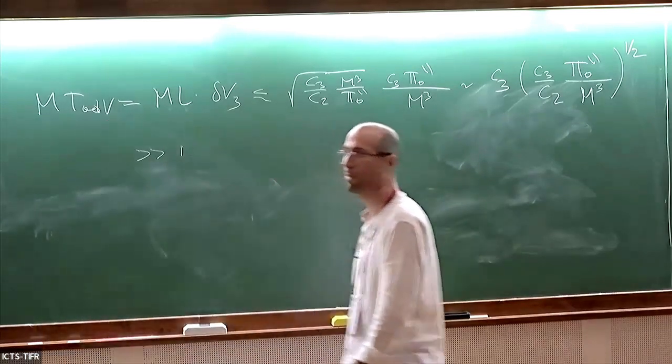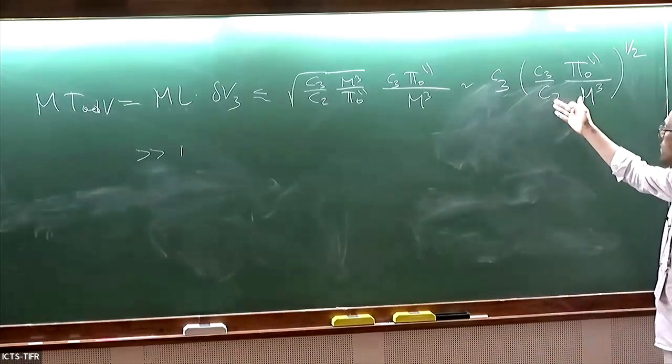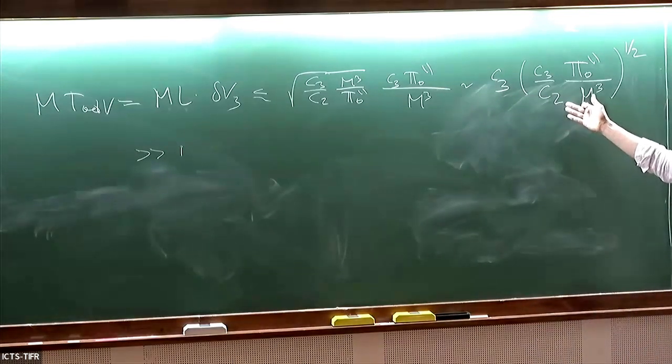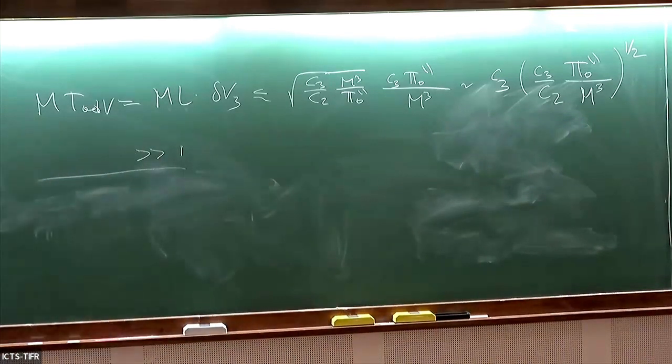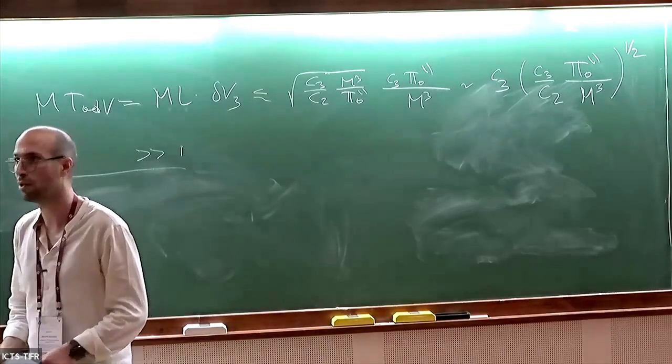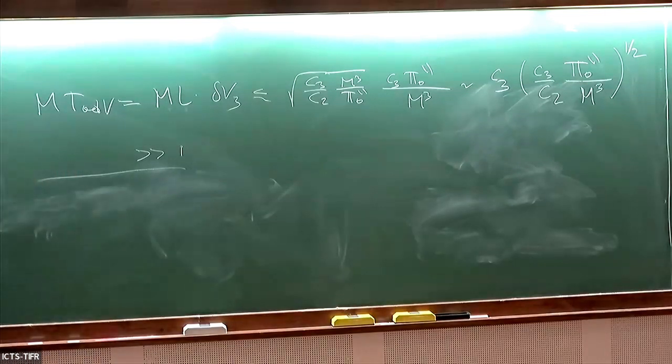For example, take C3 of order 1 and C2 of 10 to the minus 2, then you get this much larger than 1. So you can resolve the difference. You can see that this difference cannot be ascribed to neglecting higher derivative terms. So it's really not an error due to the truncation in the effective theory, but we are really building something that you would notice, that you would trust.